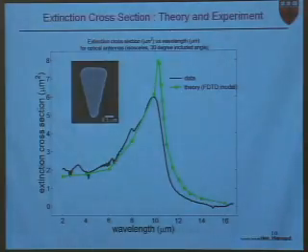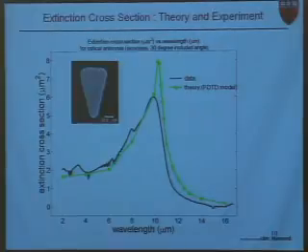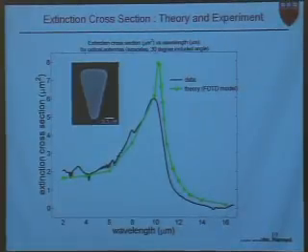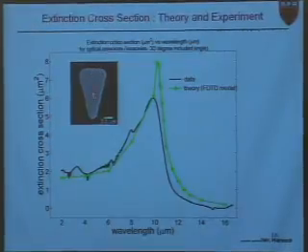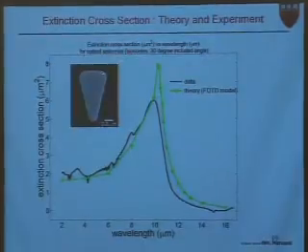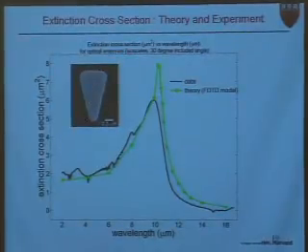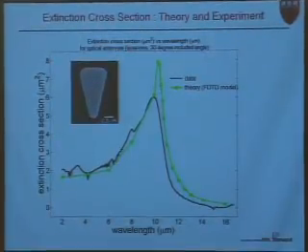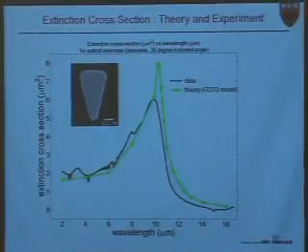So that motivated us to fabricate some of these devices. So we fabricated these antennas on silicon substrates. That scale bar there is 0.3 micron, and the total length of the antenna is about 1.5 micron. And to measure their wavelength response, we measured something called the extinction cross-section. Okay.